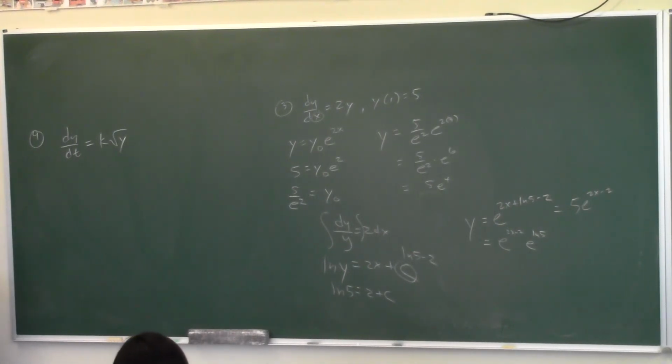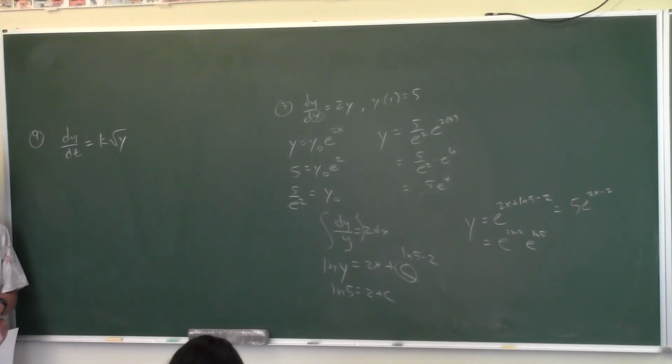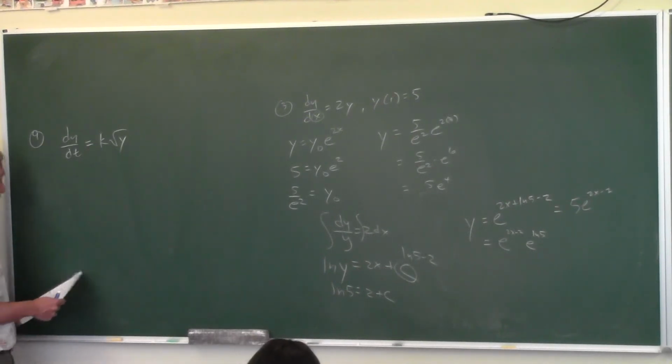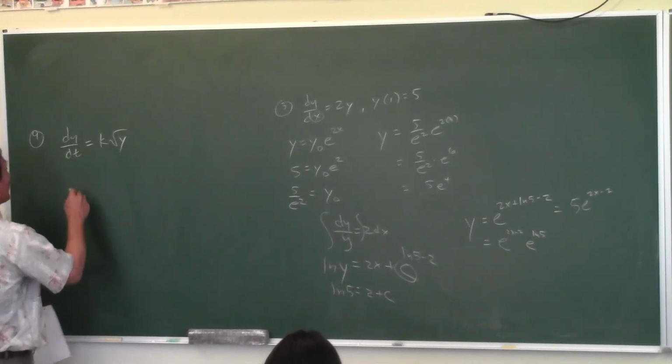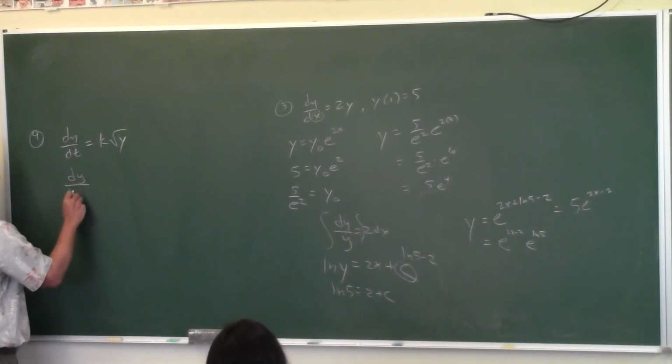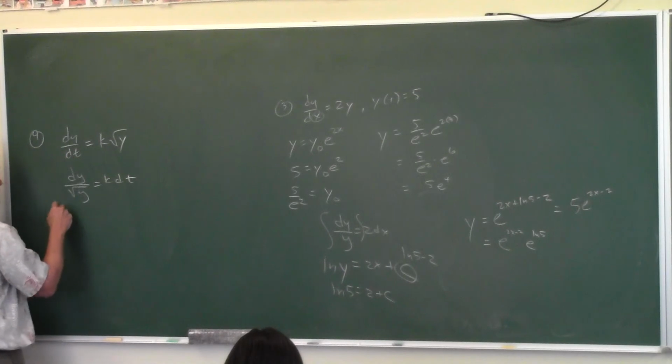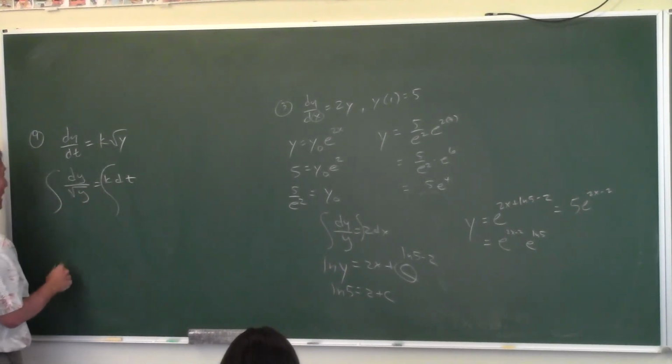Hey, Mr. Park, is this the y equals y naught e to the kt? No! If it didn't have the square root, then it would be. But it has a square root, so it's not. So how do we solve this? You gotta separate the variables, put all the y's on the left and everything else on the right. Then you integrate both sides.